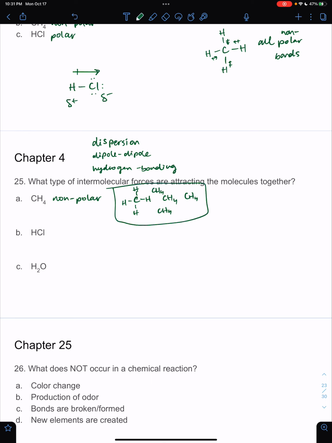So this one, you can just connect nonpolars with dispersion forces. Because all of these are nonpolar, there's nothing really attracting them together except the fact that they're close together. So dispersion you can associate with nonpolar, because these other two require dipoles, right? If you have something that's nonpolar, there's no dipole, so it can't be dipole or hydrogen bonding.